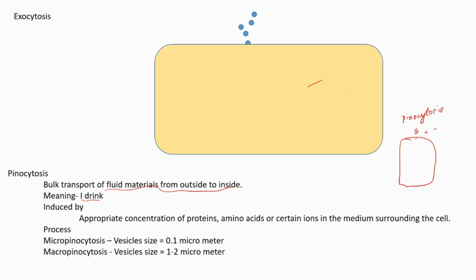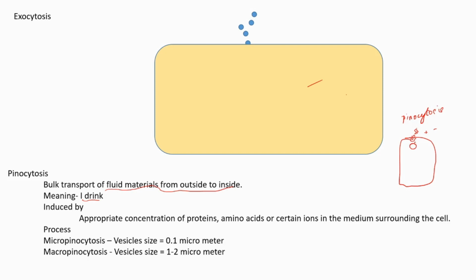It's a process, pinocytosis. When it is taking in the substance, the membrane first forms a pit, means it infolds towards the inner side, and then takes that substance inside that invagination. It then forms a vesicle, pinches off from the plasma membrane.